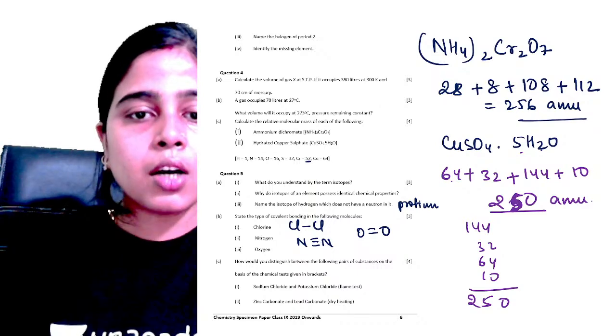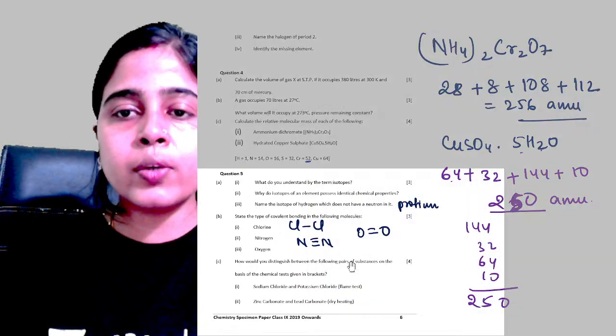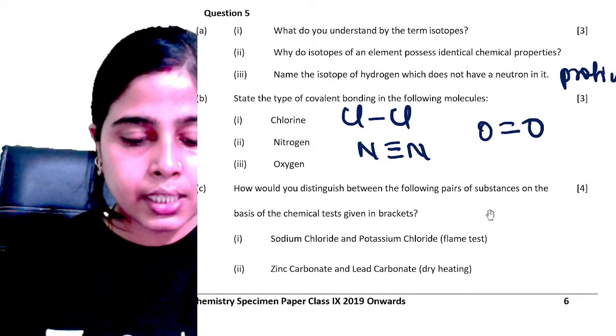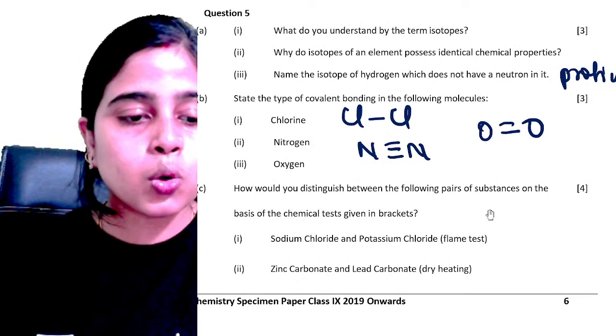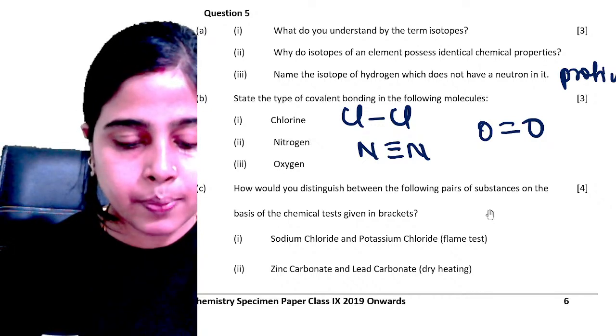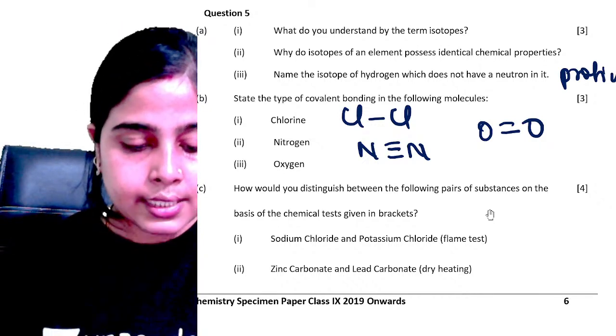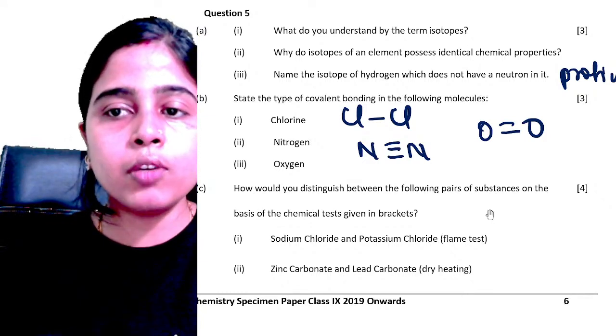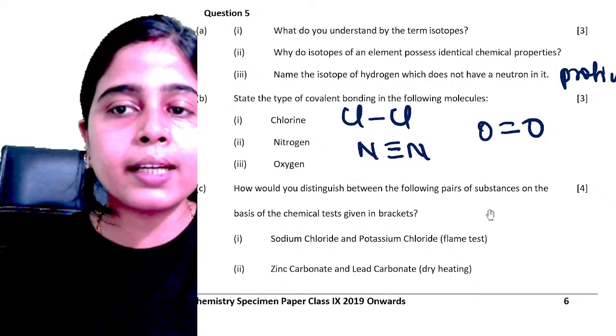Okay. Now how would you distinguish between the following pairs of substances on the basis of the chemical test given in the bracket? Sodium chloride and potassium chloride on the basis of flame test. Tell me fast, on the basis of flame test, how will you differentiate between sodium chloride and potassium chloride?